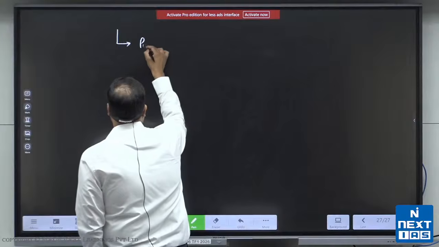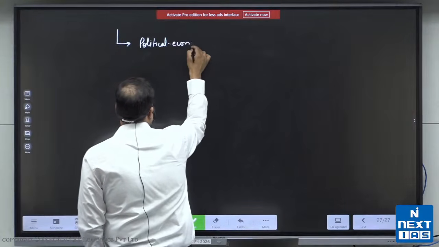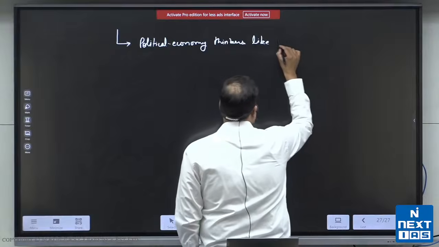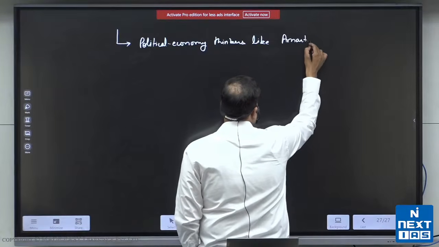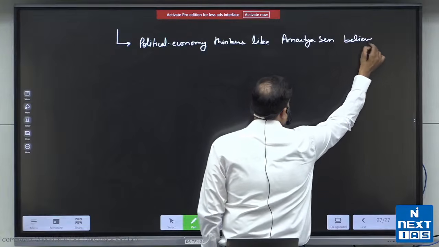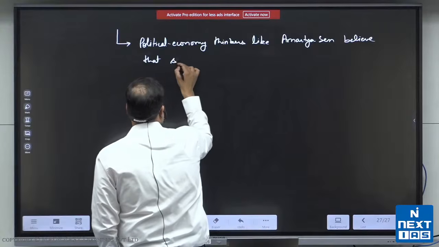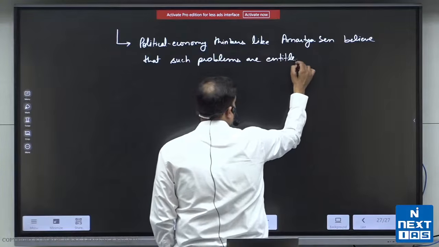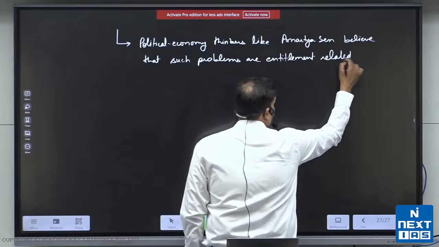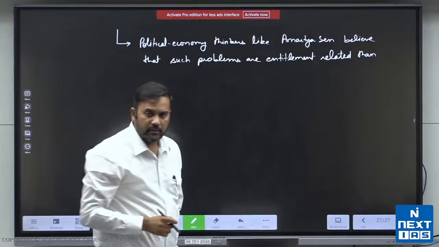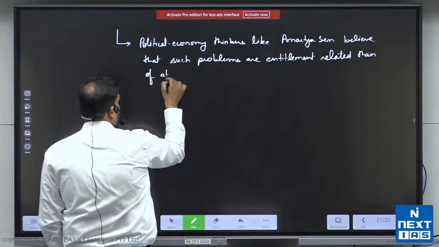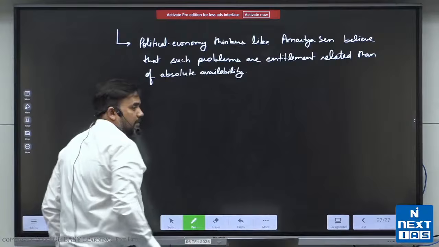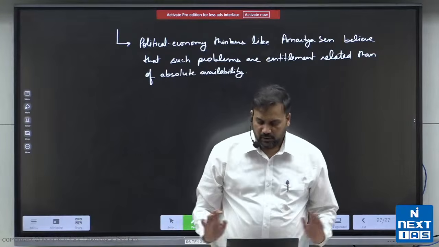Then political economy thinkers like Amartya Sen believe that such problems are entitlement related than of absolute availability.